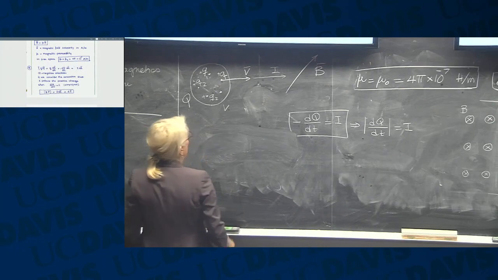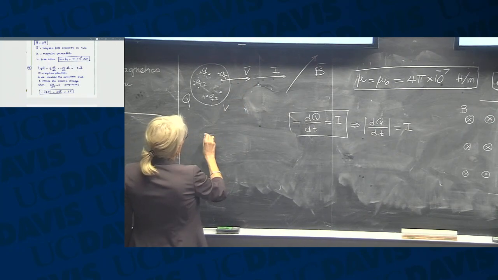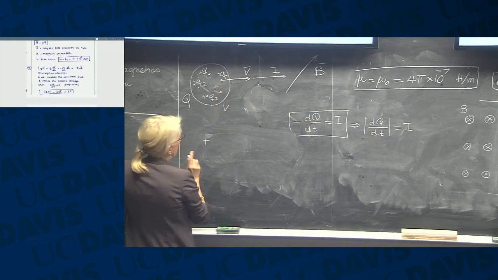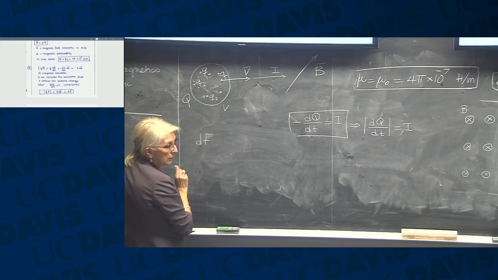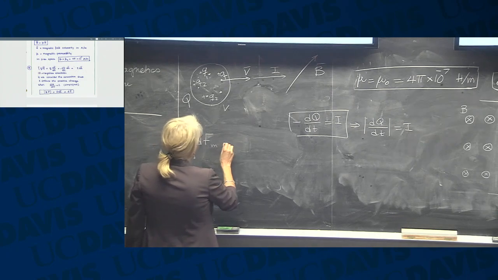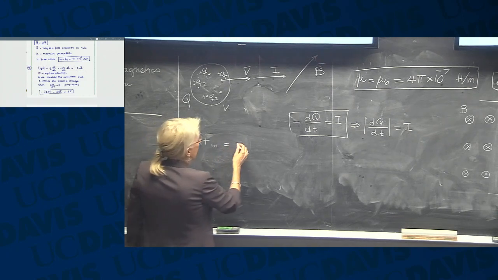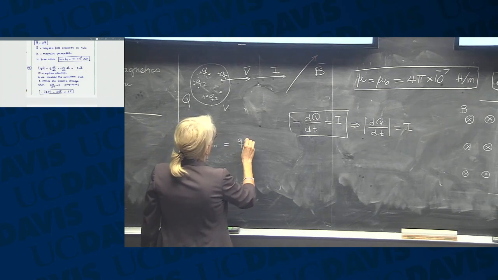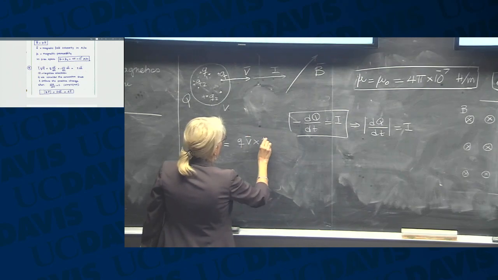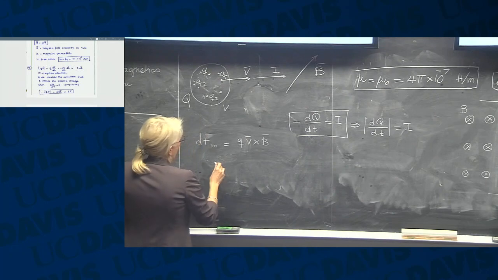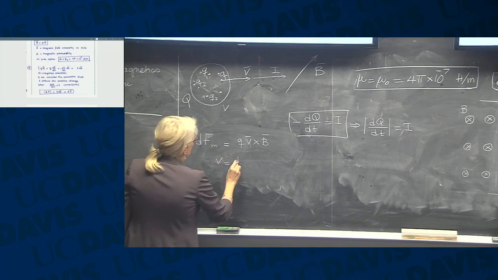So since I have this magnetic field, this charge q, which is a small charge, is going to feel a small force. So I put it here like that. And then this small force is going to be nothing else but qv cross B, where now v is nothing else but dl dt.